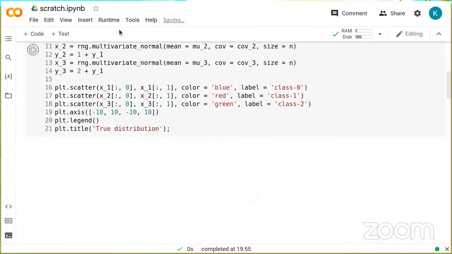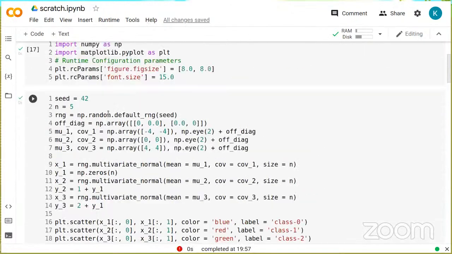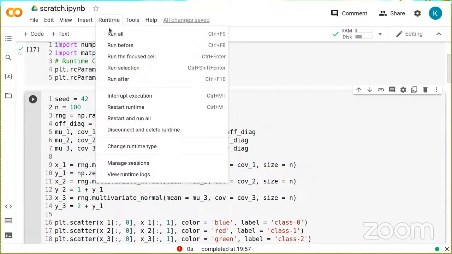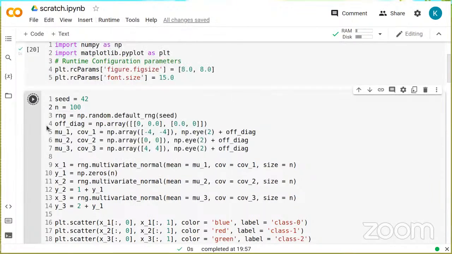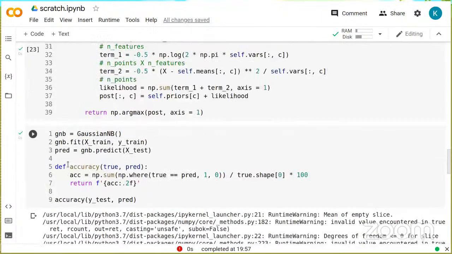Now, if I make the test size 0.99, I also need to change this n. I guess there will be only 1 point for training, and that's too little. So let me go back up.